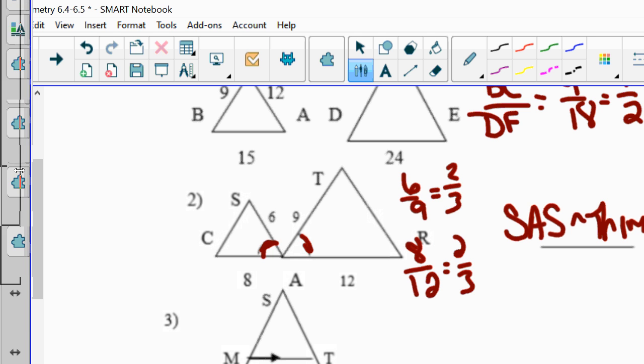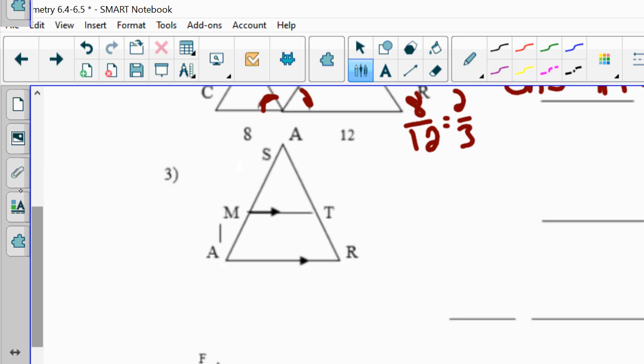Number 3. So let's see, they don't have anything marked, but they're telling me that, remember those arrows, these lines are parallel. So remember, by parallel lines, we've got corresponding angles, alternate interior angles, all of those pairs. So let's see, this angle and this angle would be congruent because they're corresponding angles, as would these two over here because they're also corresponding angles.